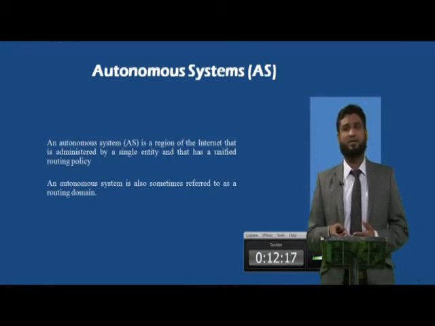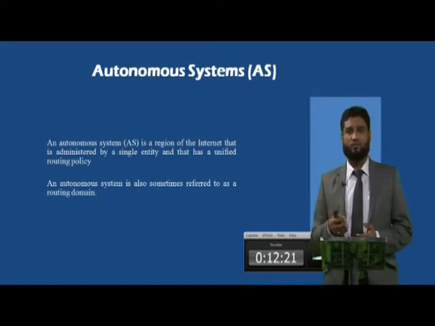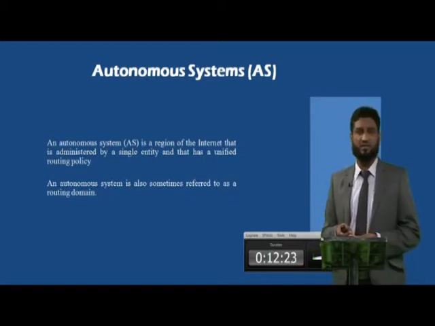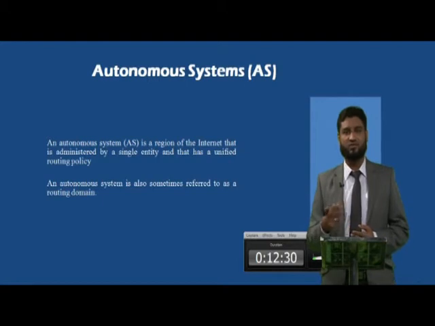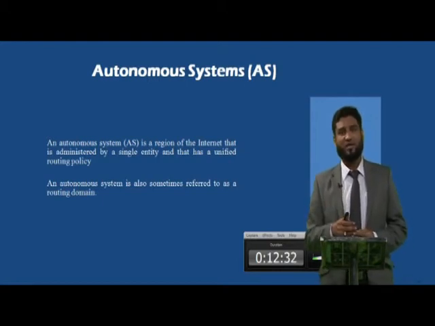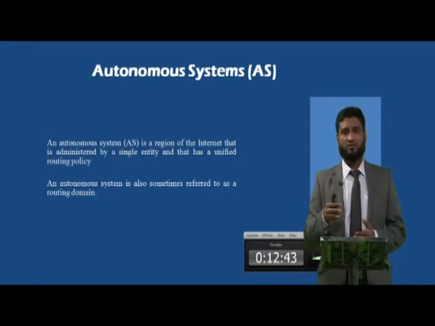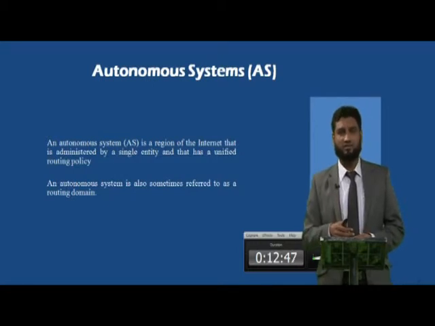Suppose some other universities in the USA and Germany follow their own rules, so they are another autonomous system. If we want to communicate between these autonomous systems, from the US and Germany to Bangladesh, border gateway routing protocols are used. That means this information is exchanged through the exterior gateway routing protocol. So this information sharing within the same boundary is an autonomous system.